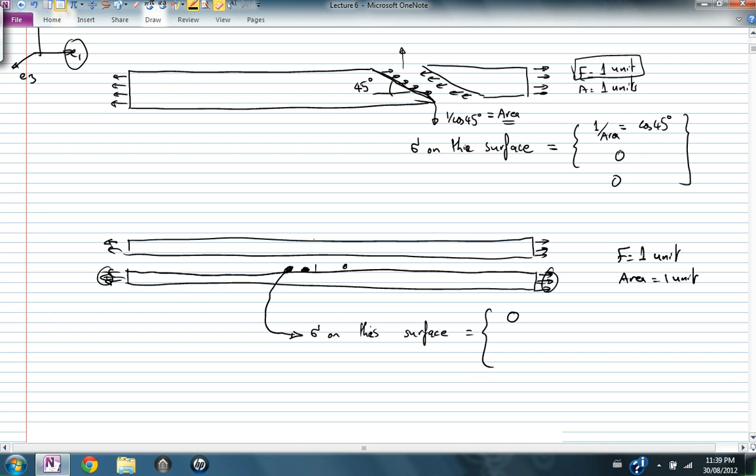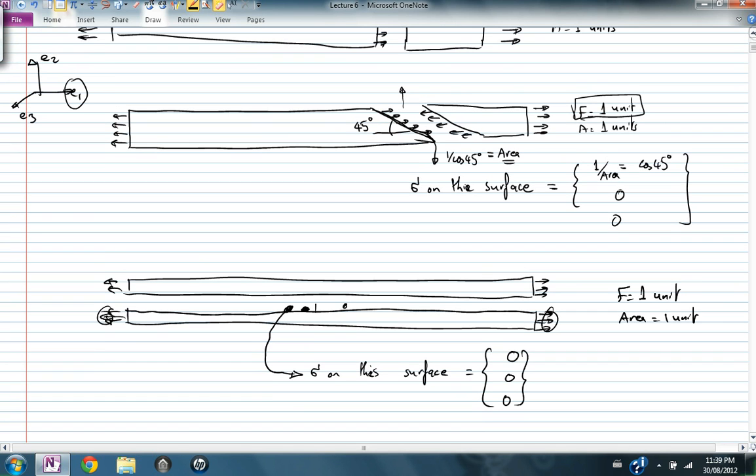In the vertical direction there are no forces, so 0, and on the third direction there are also no forces, so 0.